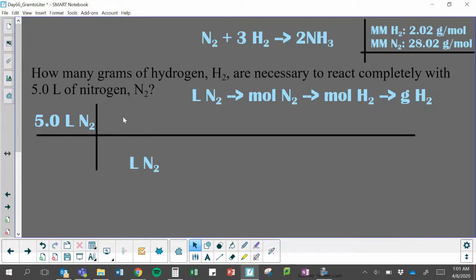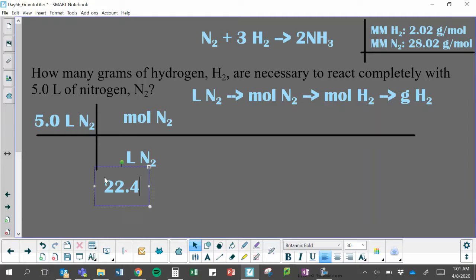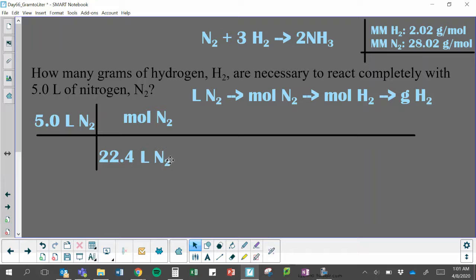We're going to moles of nitrogen on the top. And remember, if we have moles and liters, this is when we're using our conversion factor for liters, which is 22.4. So 22.4 liters is going to be 1 mole of N2. These both cancel.